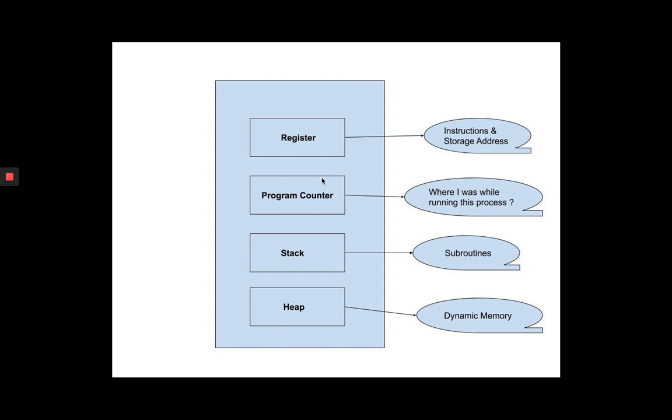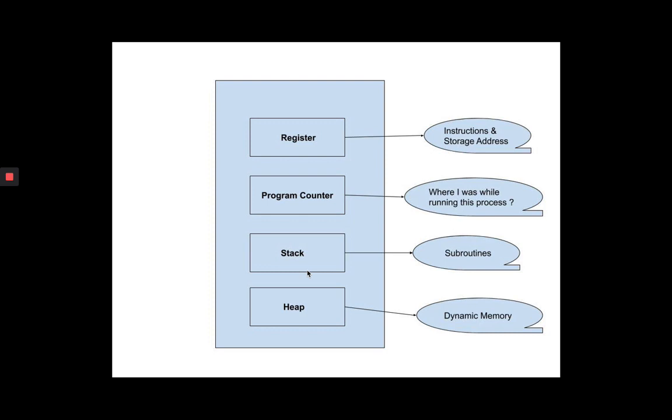Then there is a program counter, which is a place where the CPU knows up to what point it has done processing and from where it can start again when this process comes again, right?